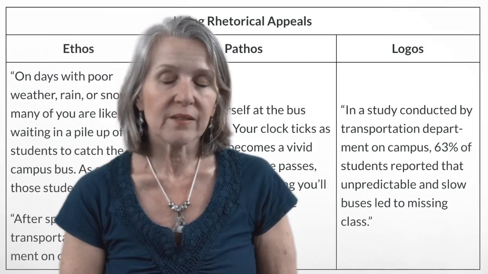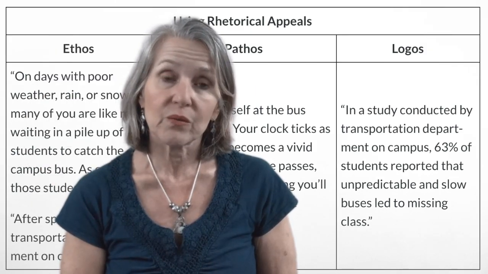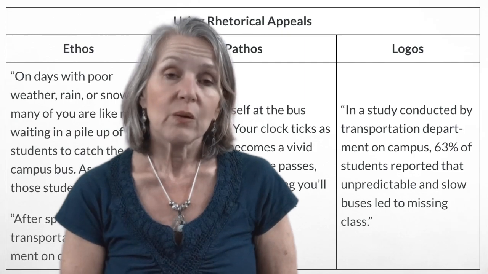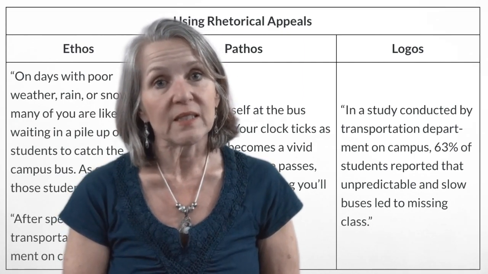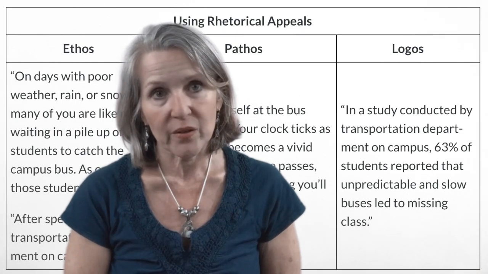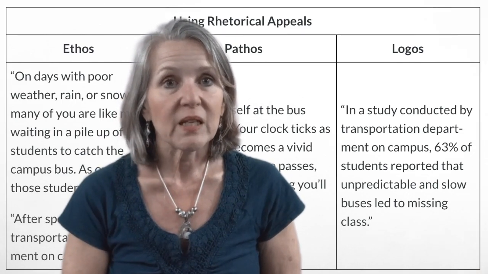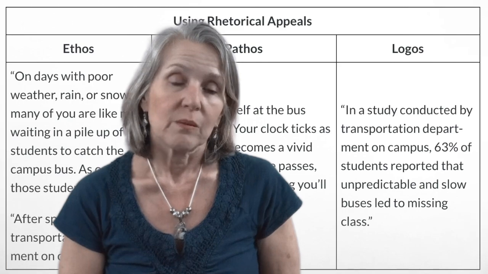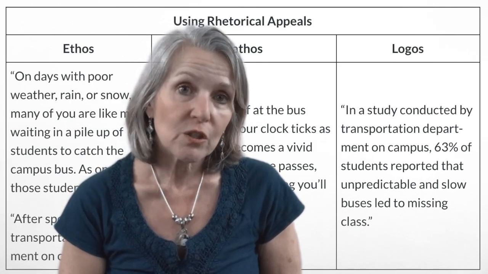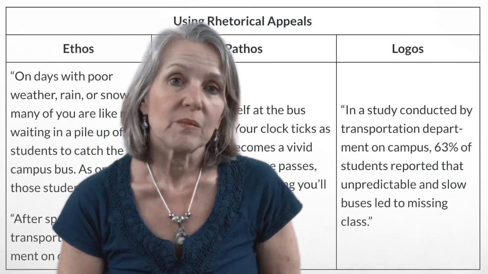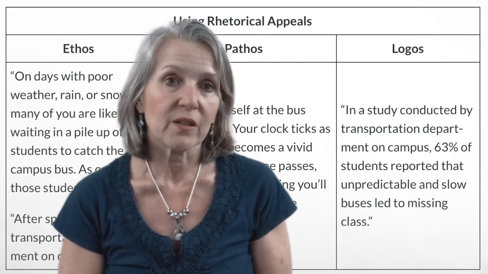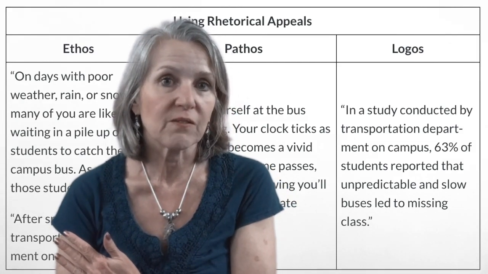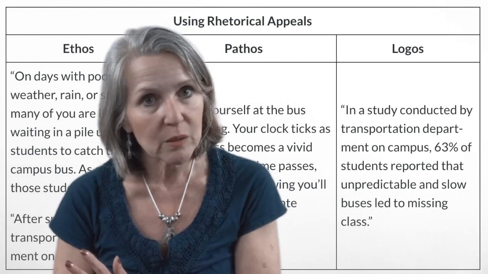And this is the way that we use reliable sources when we cite them, that we use our flow of ideas in a way that makes sense to our audience members, so that we're laying out a logical flow of ideas and a logical claim, and in our arguments when we are making an argument, so that our audience can clearly follow our train of thought. And so it's a logical appeal.